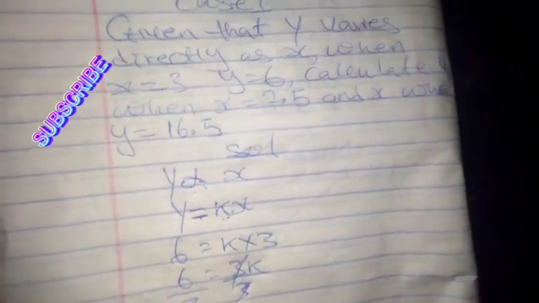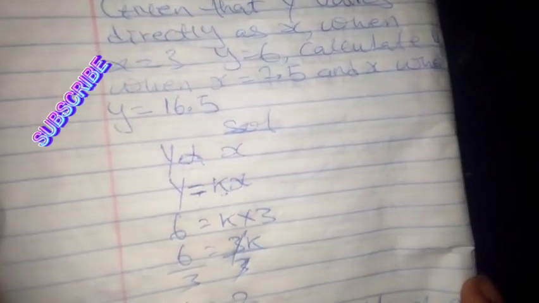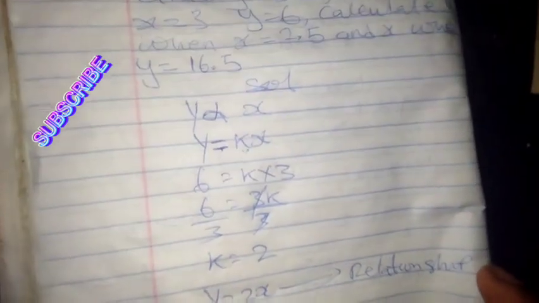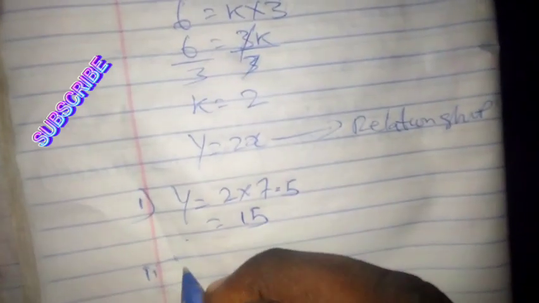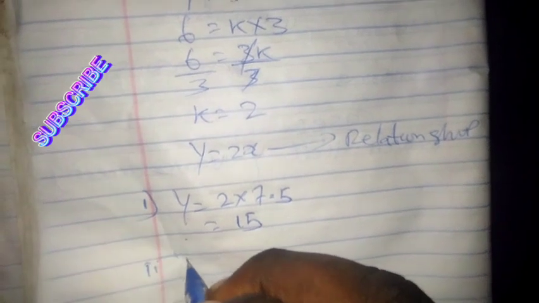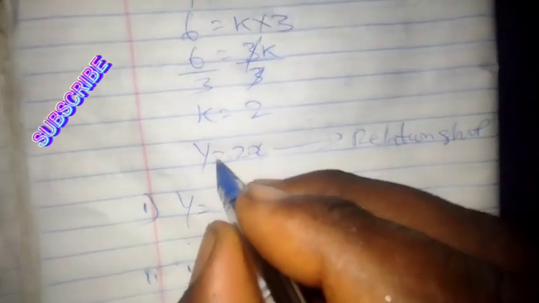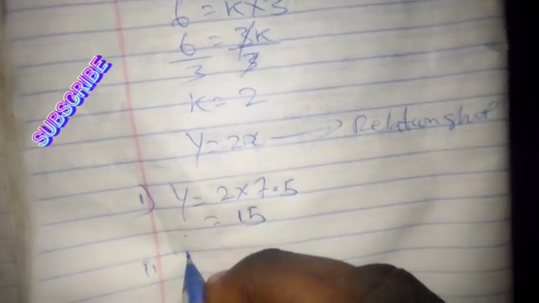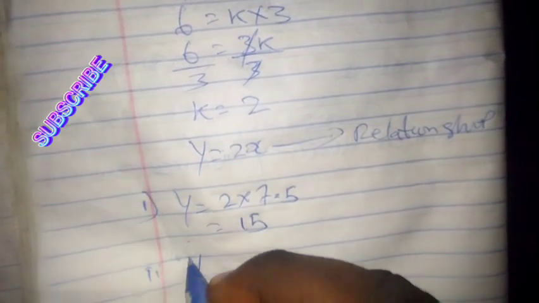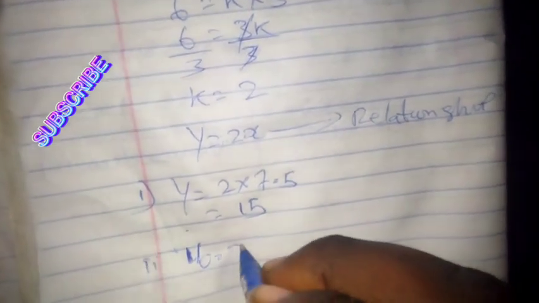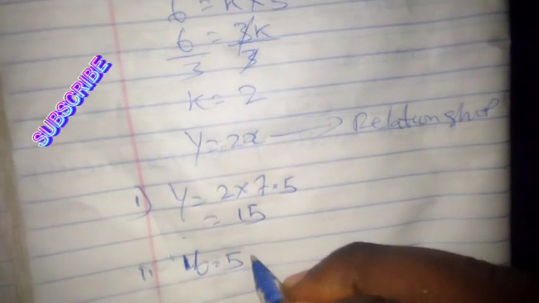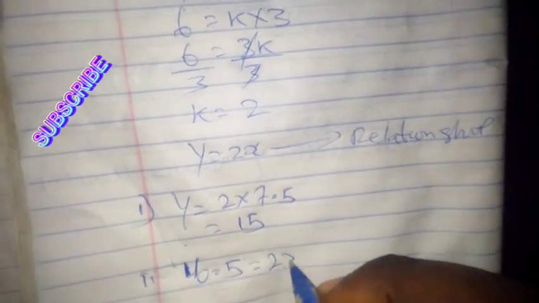The second question says find x when y is 16.5. Using the same equation, 16.5 equals 2x.